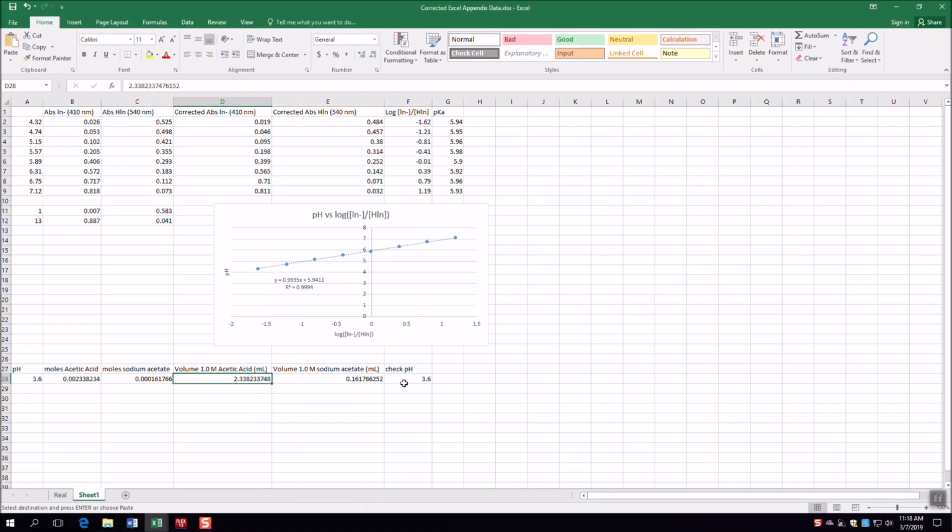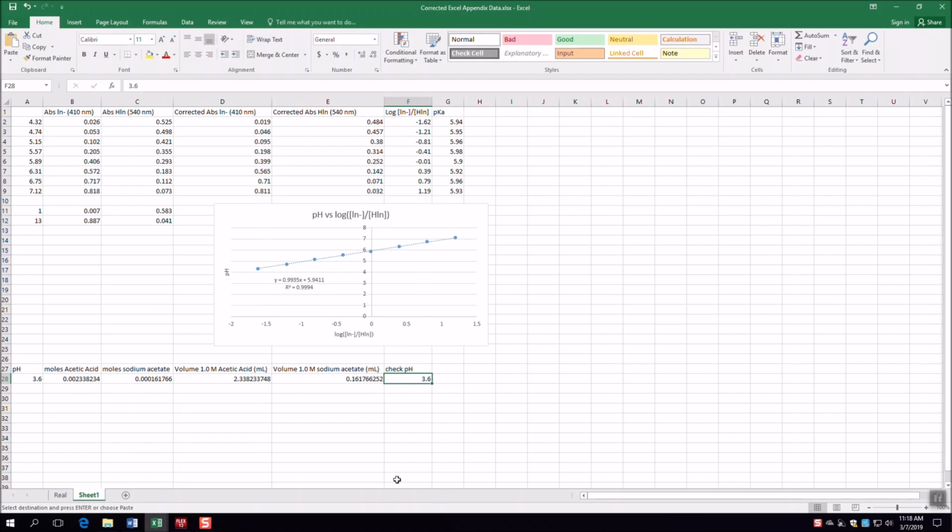And then I used the Henderson-Hasselbalch equation, which I haven't shown you here, to calculate and make sure that the pH would be the same given the known pKa of acetic acid. So that's your reward for having stuck around. You can get an idea of what you should set up when you perform this yourself.